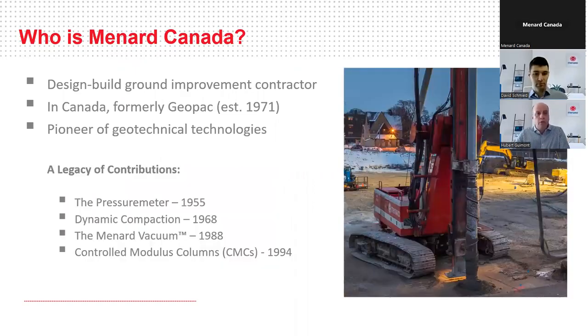So we're a long generation of geotechnical engineers trying to bring new techniques through the years. We've developed different techniques and different tooling in order to perform better and better work in ground improvement.